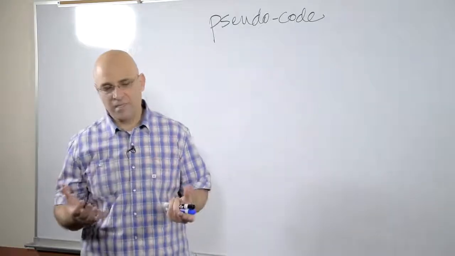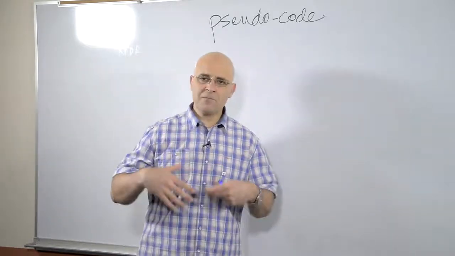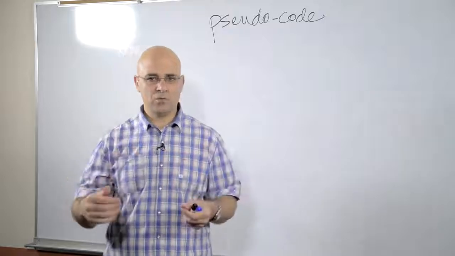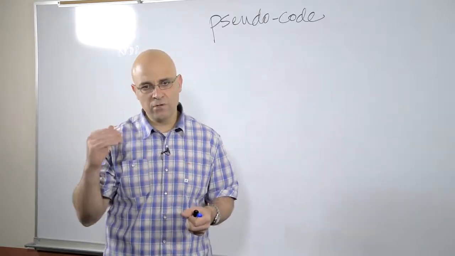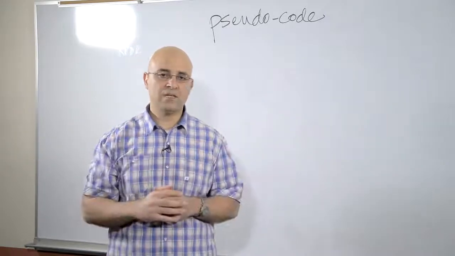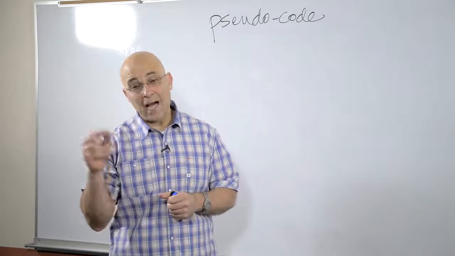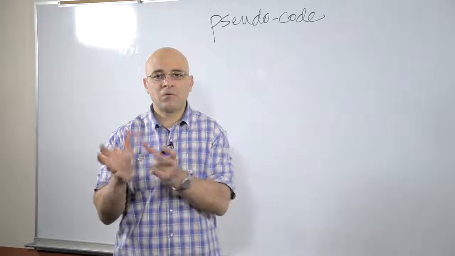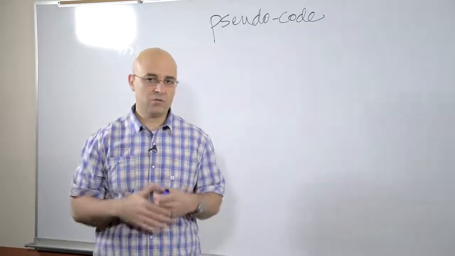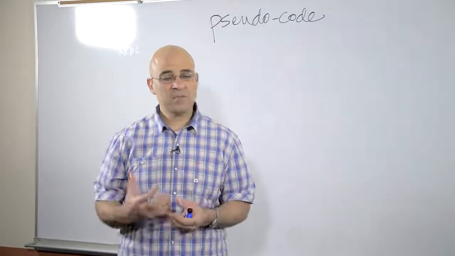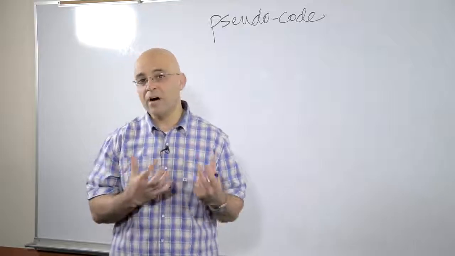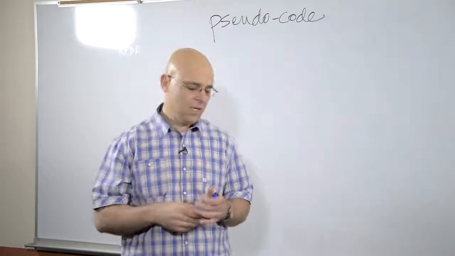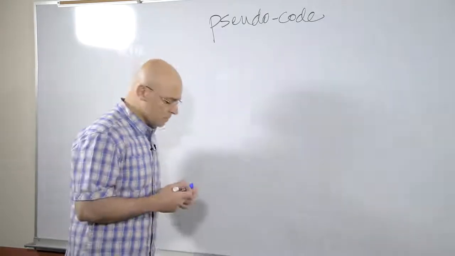And when I am describing the algorithm to you, it's very important that I tell you what I want you to do. These are the steps that I want you to follow to achieve the task. Now, how you want to do each one of these steps, again, it's very important sometimes to leave room for the user or the programmer to implement them the way they feel comfortable or the way they find them to be more efficient. Okay? Let me illustrate.